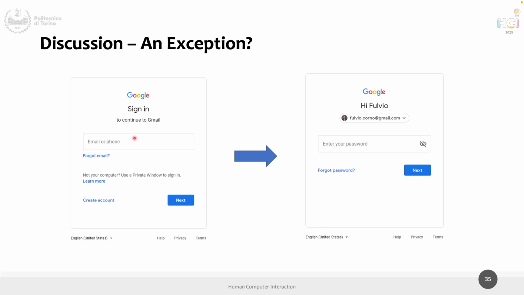So the page is the same, and then according to the domain that you're using, it will redirect to the Gmail password entry that will verify on the Google server, or the Polito one, let's say, it is not, but let's imagine that we use Google instead of Microsoft. It will redirect to the Polito website to check the password on the Polito system and not on the Google server. So this is also needed for doing this separation. Otherwise, it would be much more complicated to enter in a single form, also from the user perspective.